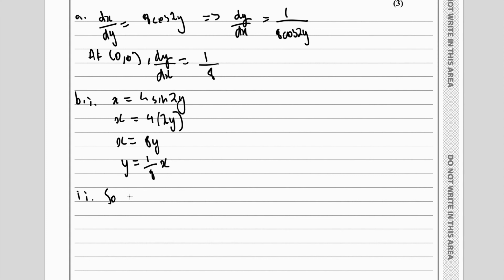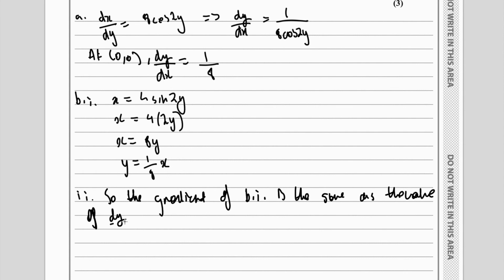So it really is a case of the gradient of B(i) is the same as the value of dy over dx at the origin obtained in part A. Okay, so without much further ado, let's move on to part C.